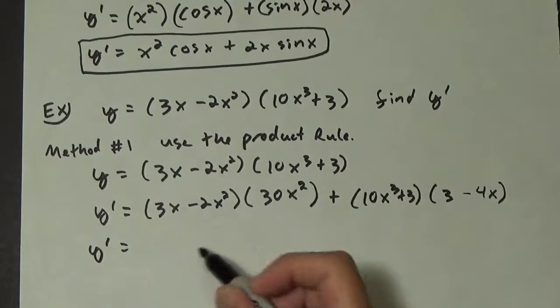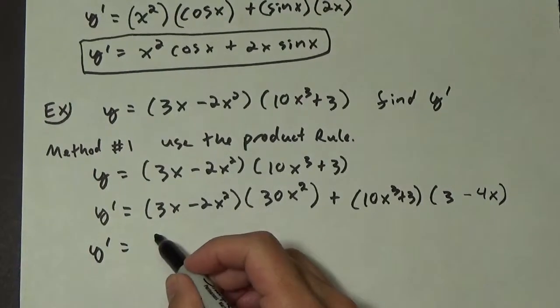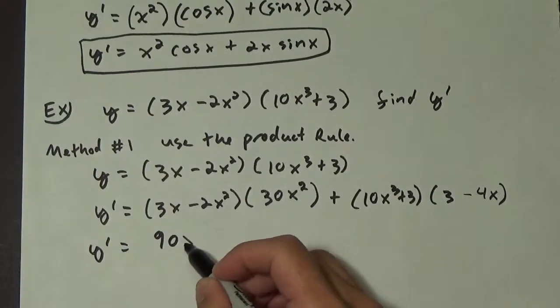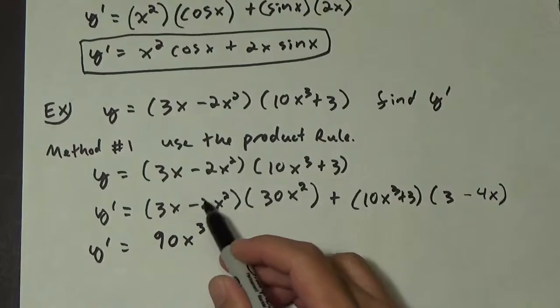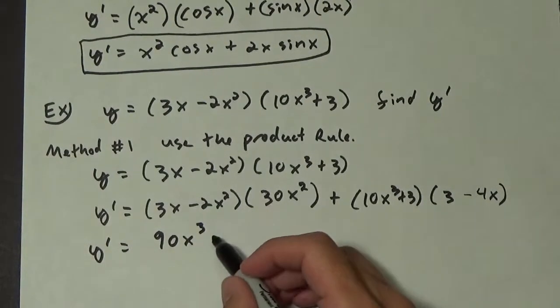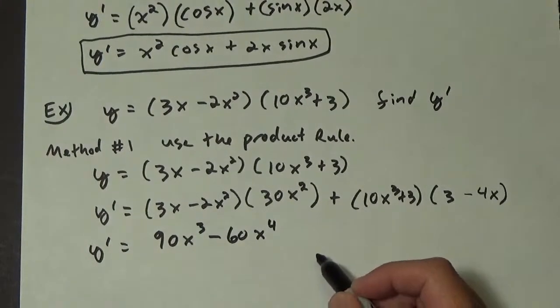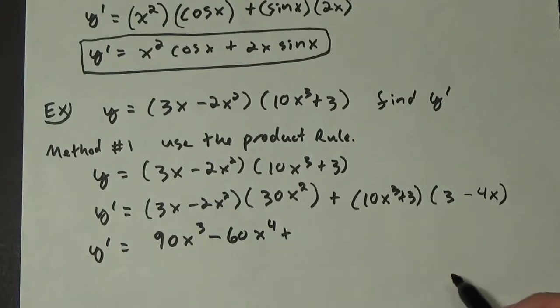So y prime is going to be, let's see, 3x times 30x squared is 90x cubed, and negative 2x squared times 30x squared is a negative 60x to the fourth. These are binomials.